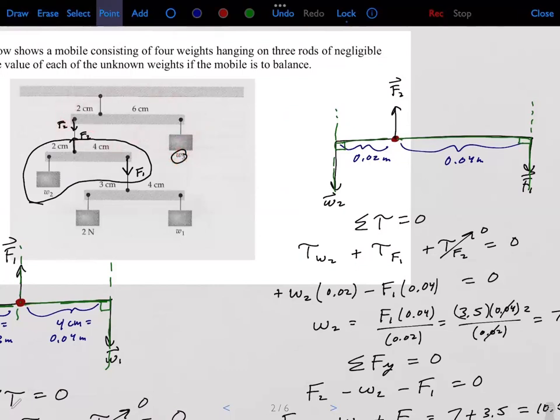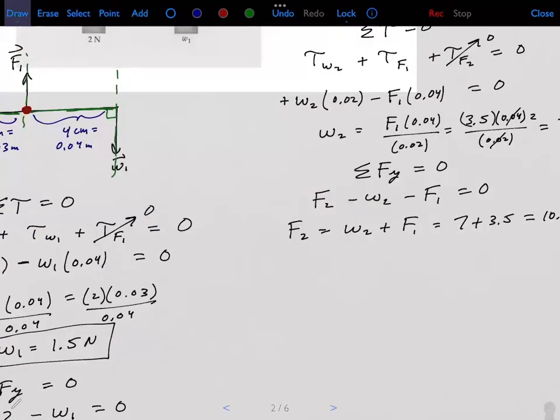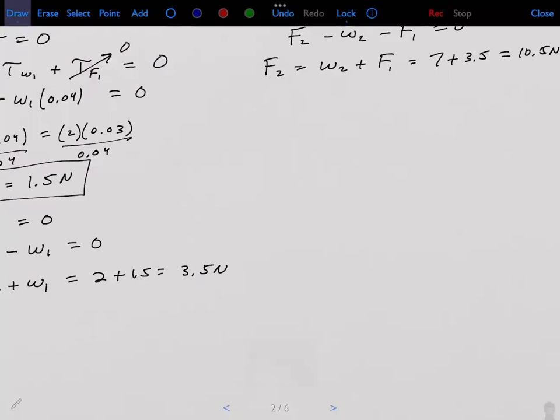So let me draw that last one out. And it's the same thing, right? Same thing we've been doing. So this is now F2 pulling down. This is the axis of rotation.